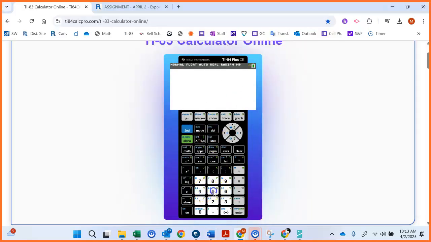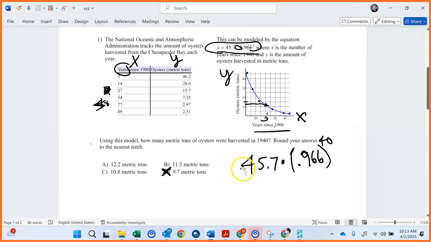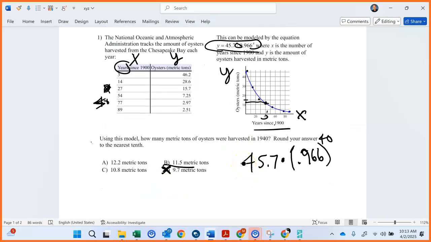So I'm going to enter 45.7, parenthesis, 0.966, parenthesis, to the power of 40. And I get 11.45. So I'm going to pick the one that's closest. That would round to B.